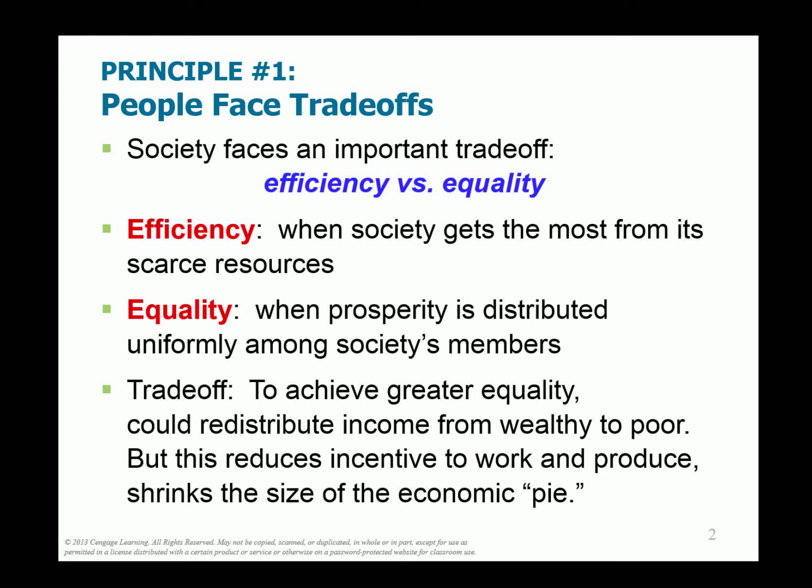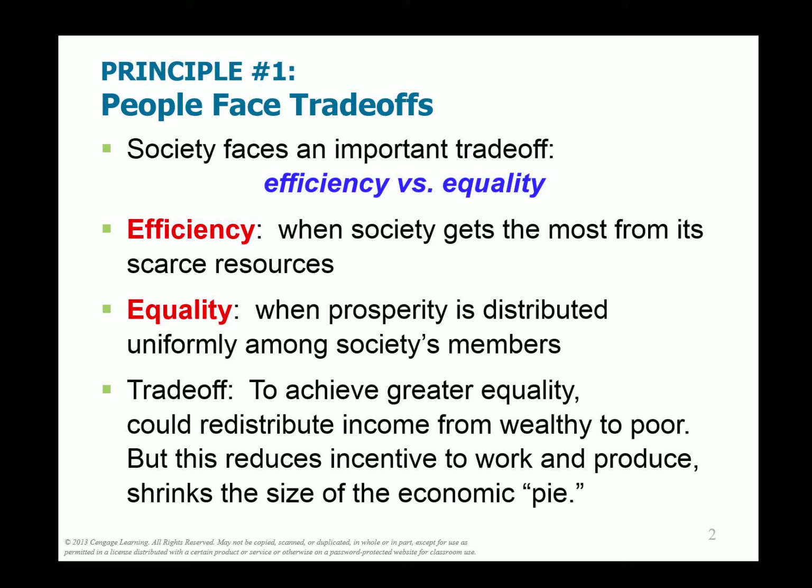If that was the maximum total production and total profit possible given the social production function, then we would still call that efficiency. However, that's not very equal, which is this next word right here, equality. That's not equal at all because one person is getting all of the profit or the benefit from the production.